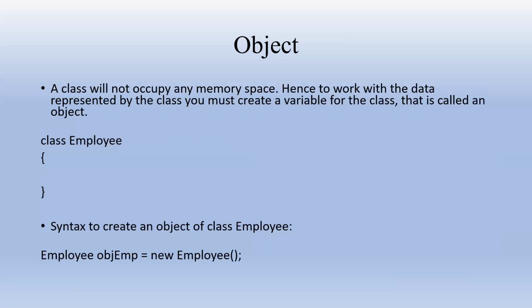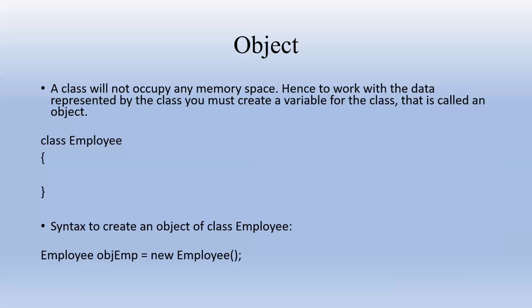You can see that we have a class employee, and the syntax to create an object of a class is: you give the class name followed by a variable name, then an equal sign, then the new keyword followed by the class name and brackets, and then we terminate the statement with a semicolon.